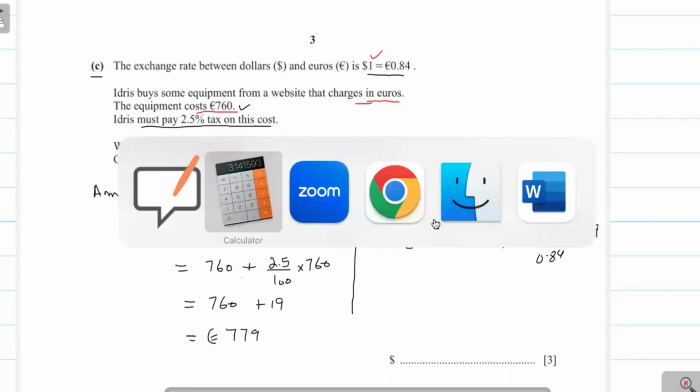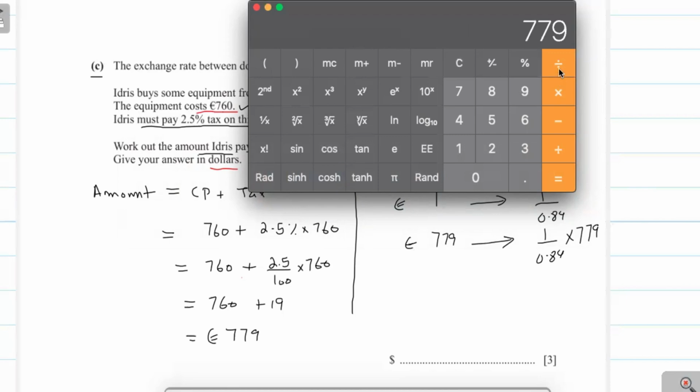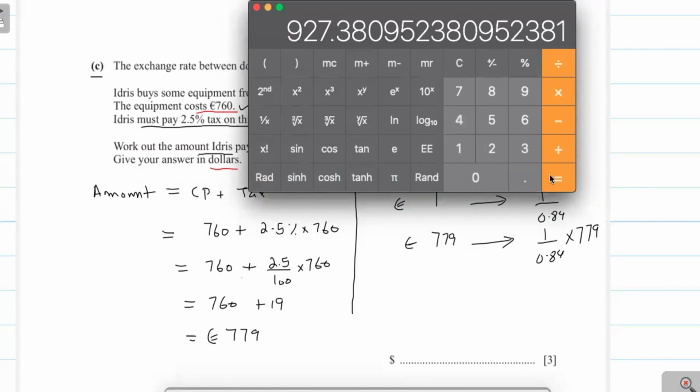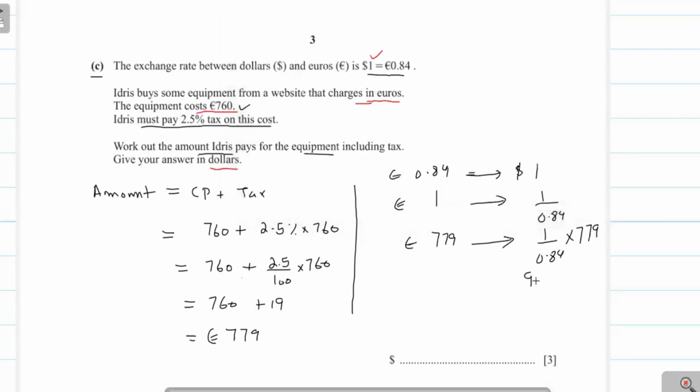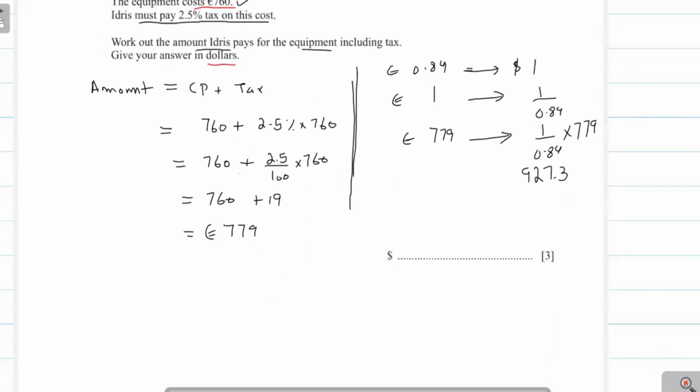That value will be equal to 779 divided by 0.84. The answer here is 927.3, and the 3 significant figure value will be equal to $927. This is the answer.